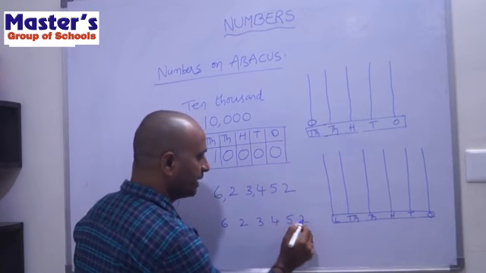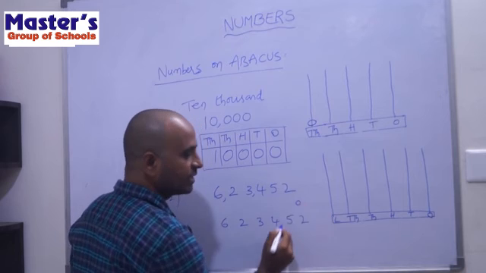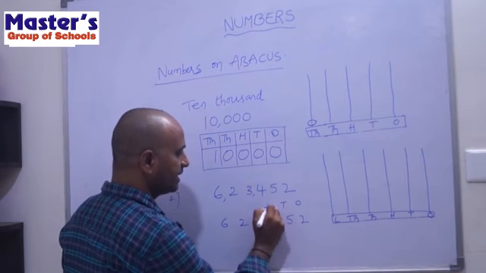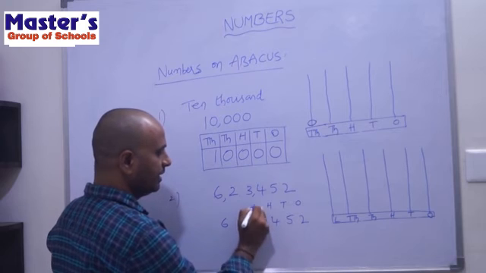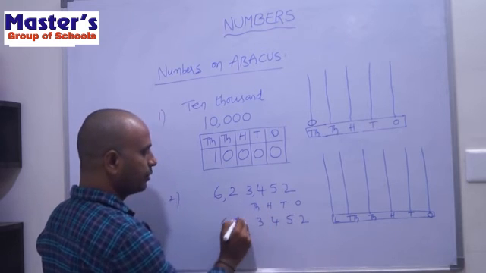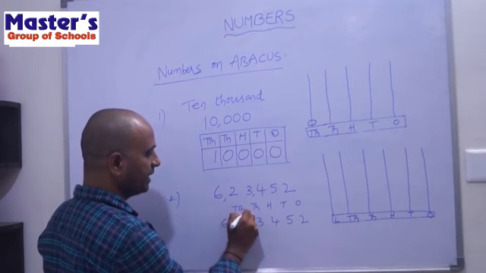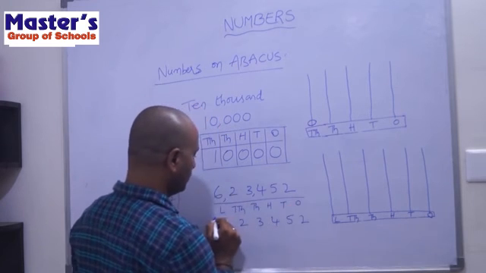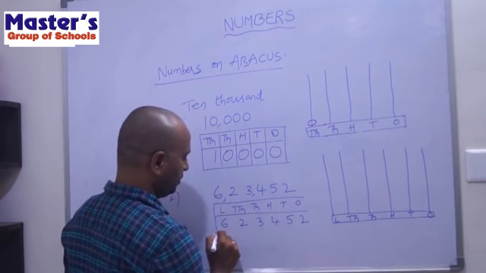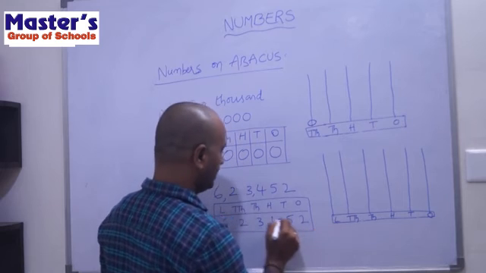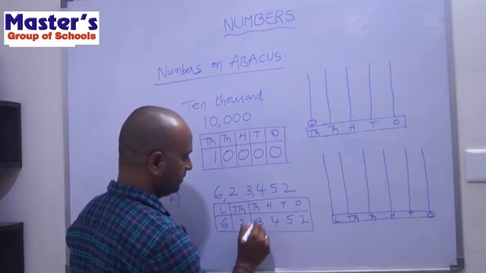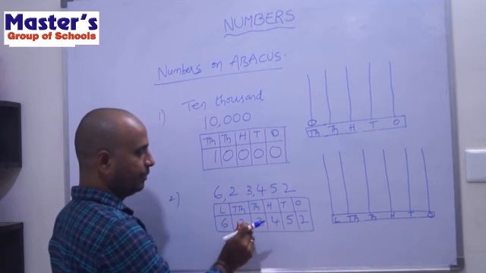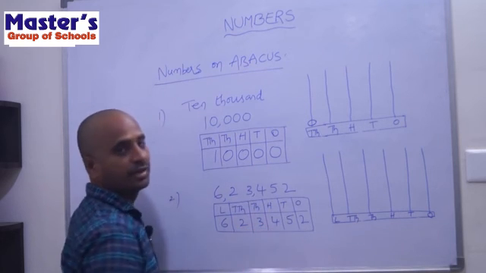Now write the place value chart: 2 is in ones place, 5 is in tens place, 4 is in hundreds place, 3 is in thousands place, 2 is in 10,000s place, 6 is in lakhs place. So this is the place value chart. Write the given number in the place value chart like this. Now insert the beads according to this place value chart.